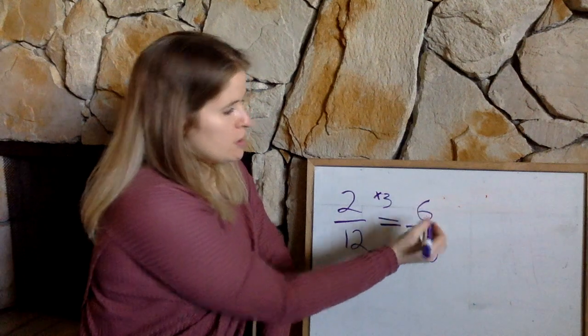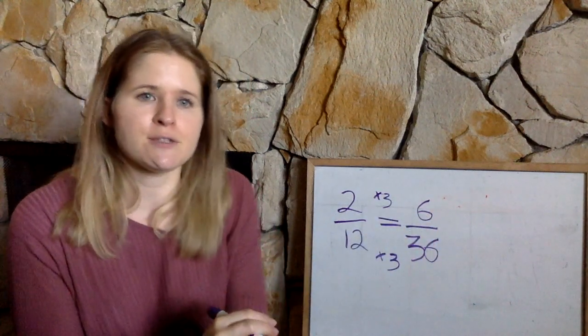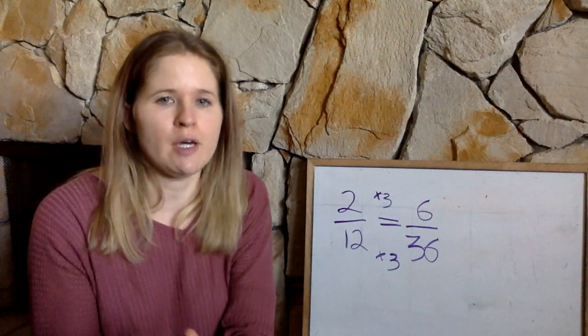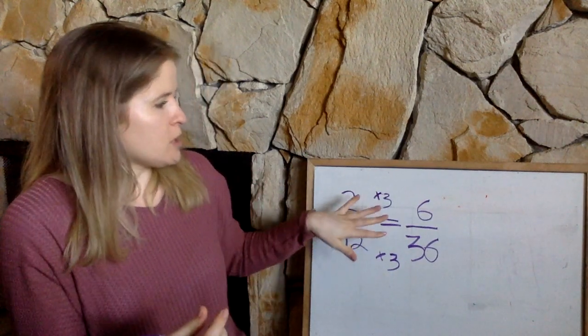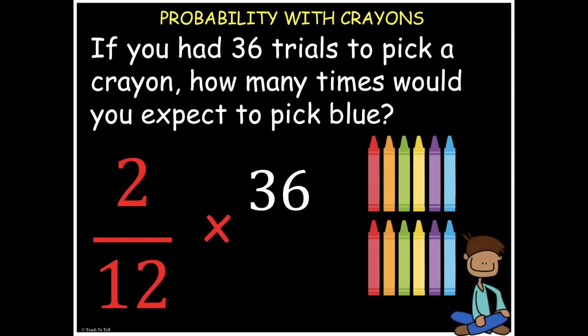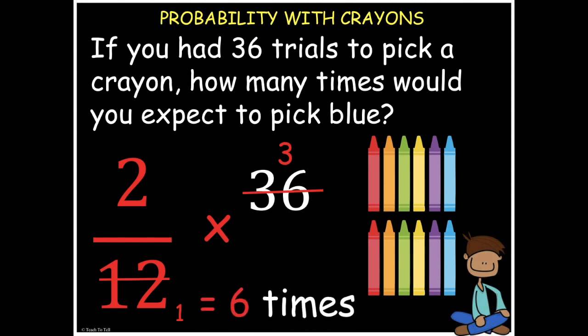So, out of 36 trials, 36 times reaching my hand in the bag of the 12 crayons, my opportunity to pull a blue one is 6 out of 36. 12 goes into 36 3 times. So then I go 2 times 3, leaving me with 6. My chance of picking up a blue is 6 out of the 36 times I try it.